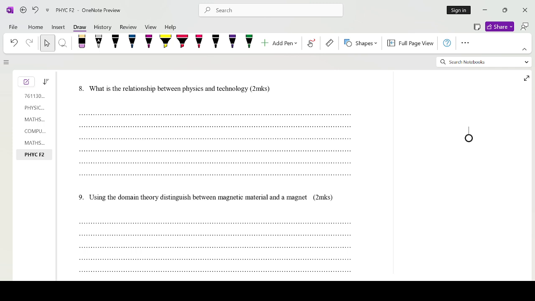So let's start our, how will we say this, the relationship. We can even just say the machines used in the field of medicine.